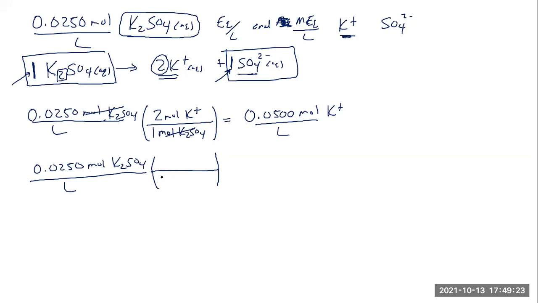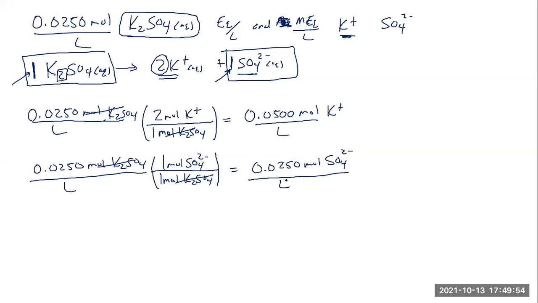We end up with 1 mole of the whole thing on the bottom, so it cancels, and 1 mole of sulfate up on top. That gets rid of the whole thing and leaves us with 0.025 moles of sulfate per liter.